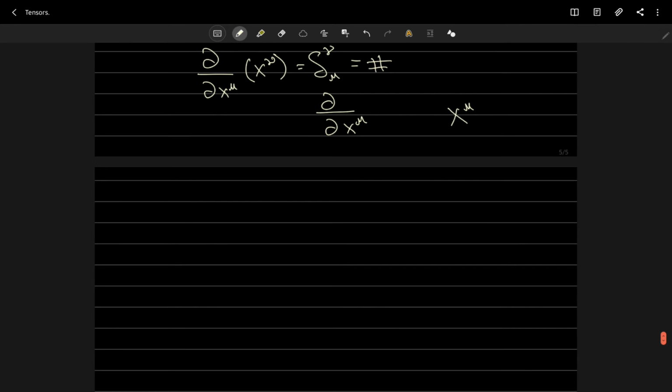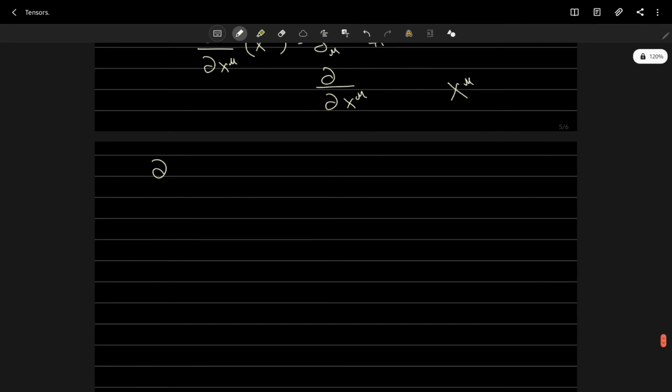Mathematically, partial over partial x mu is partial mu. That is the reason that when we have mu in the upper index of x, we write partial mu with mu in the lower index of the partial symbol, because partial over partial x mu should transform oppositely to x mu.